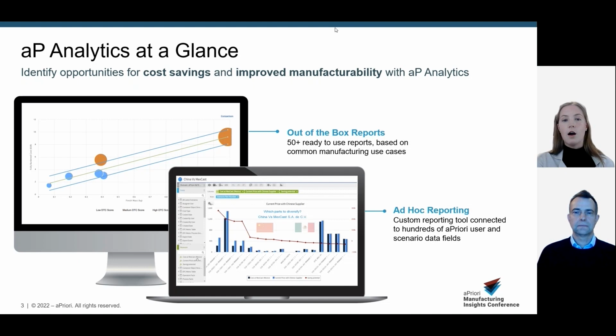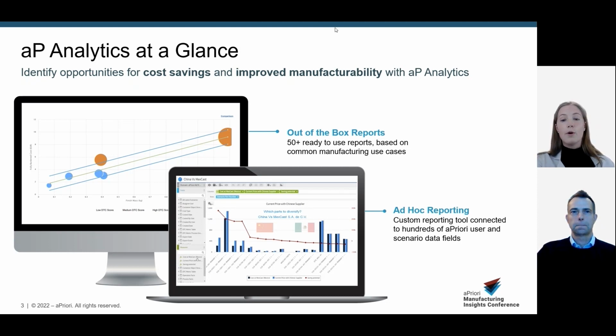Ad hoc reports are fully customizable, so a user can select from hundreds of aPriori data fields and upwards of 40 different visualization formats to generate reports by dragging and dropping fields into rows and columns. Generally speaking, these fields relate to an aPriori user, a scenario, costing results, and manufacturability metrics.